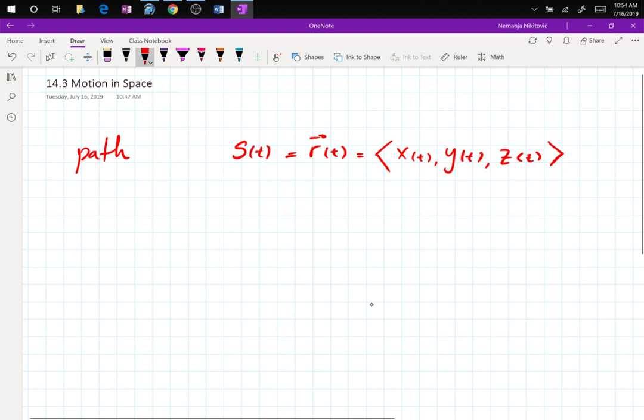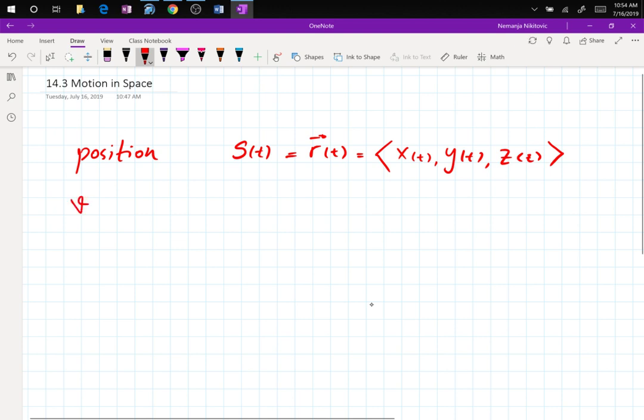So our position, well, path, or let's change it to position, whatever. Path, position, whatever you want to call it. So that's our position vector, and that's just a vector that points from 0, 0, right, origin. Whether you are in 2D or 3D, it points from the origin to the point in space where whatever is moving, whatever that thing is.